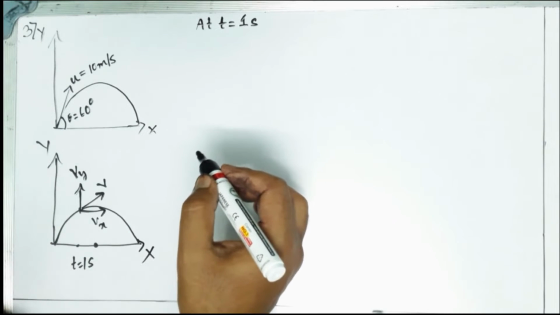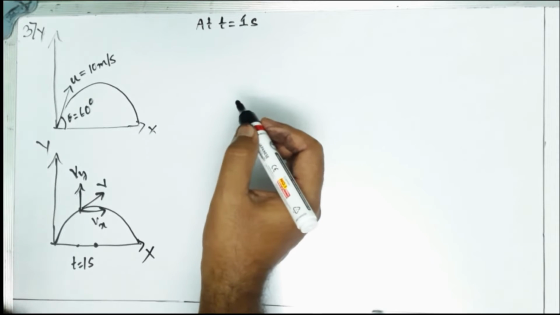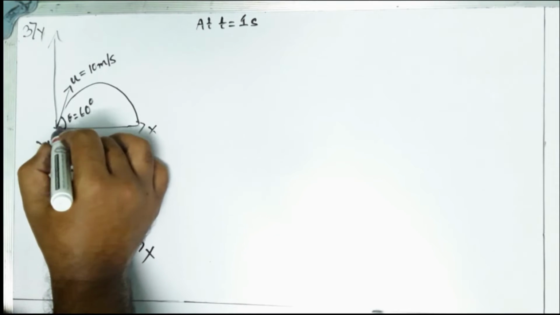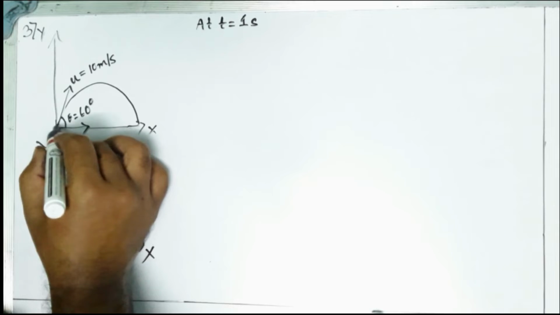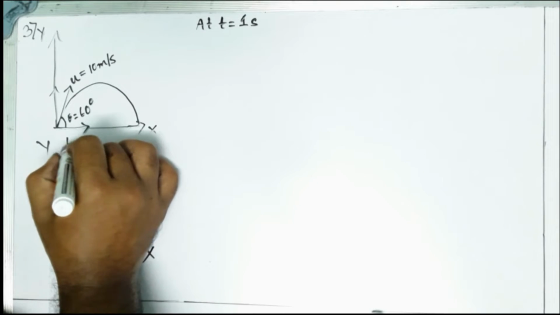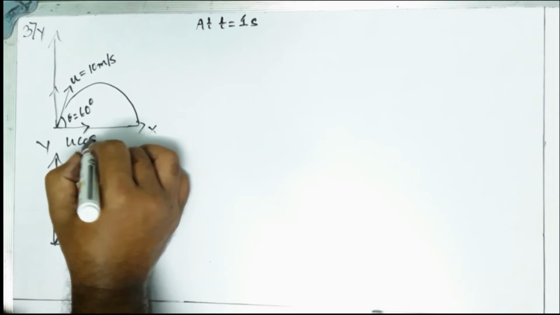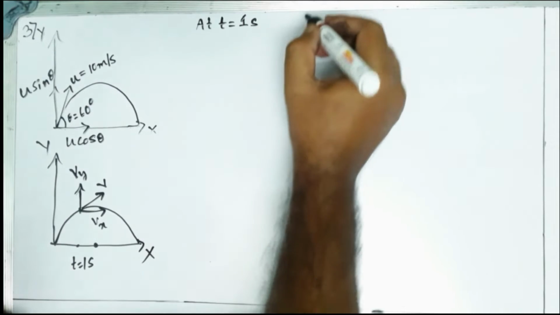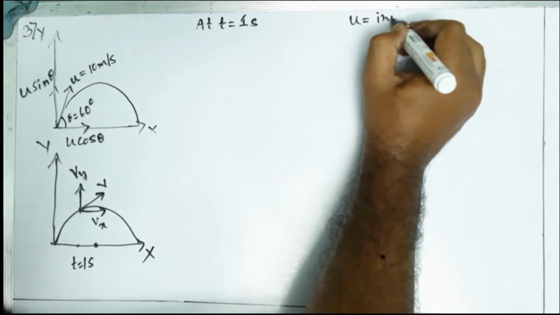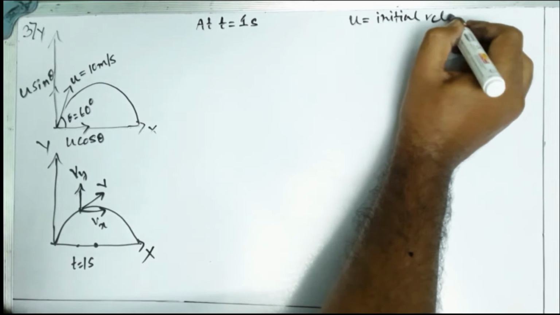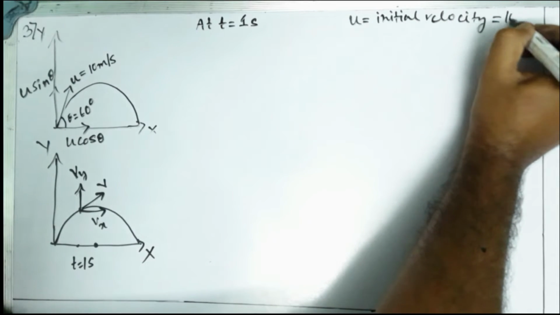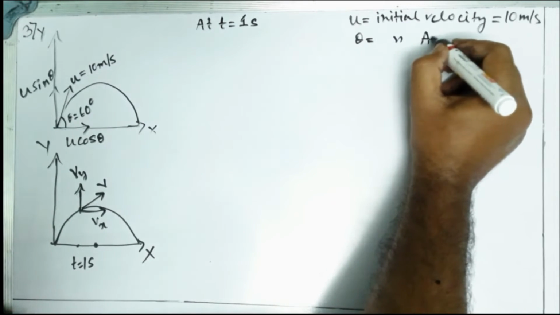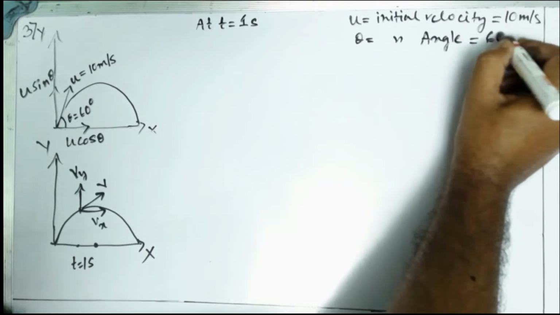Now what is Vx and Vy? We divide the initial velocity also into components, u cos theta and u sin theta, where u is the initial velocity, 10 meter per second, and theta is the initial angle, 60 degree.